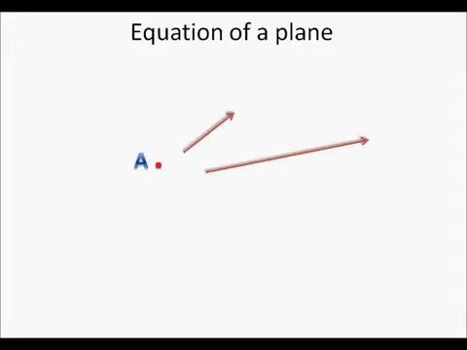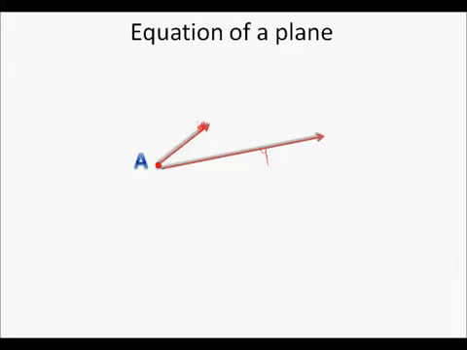Equation of a plane. Now we need two vectors and a point to find the equation of a plane. We have two vectors, say vector x and vector y. What we do is we move them to the point which is given.